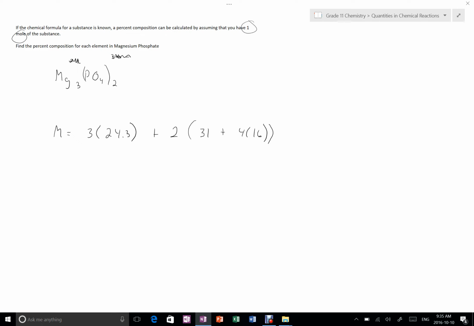So the total mass of 1 mole of this is 262.9. So I would call that mass total.